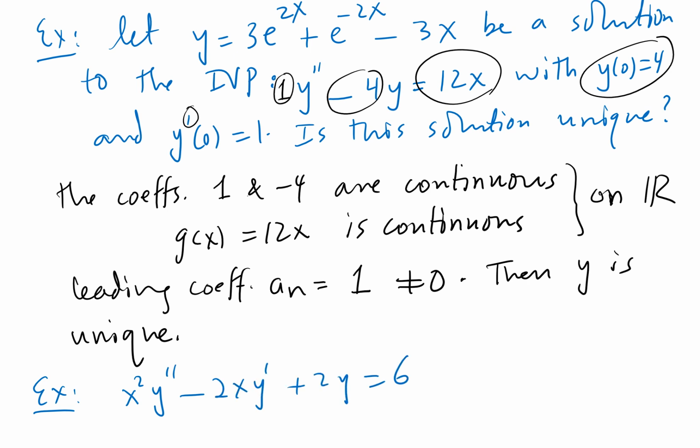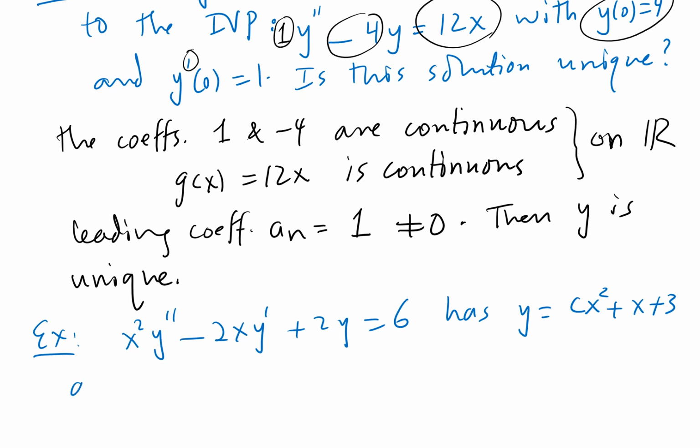So this is a given differential equation, with y equals cx squared, I just kept it as c, as a solution. This is a solution. Is it unique? Well, let's check that out.